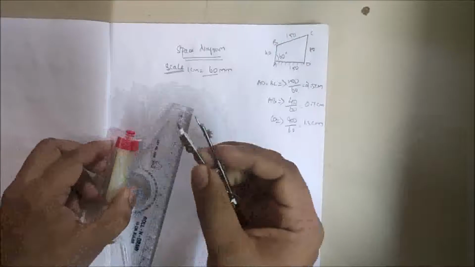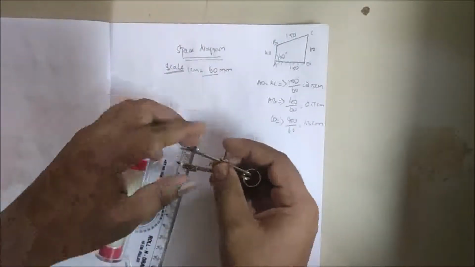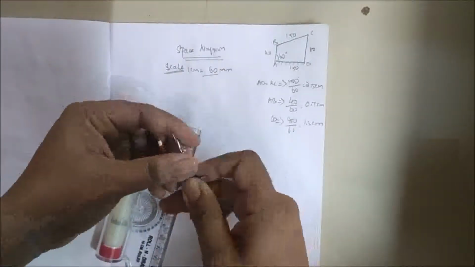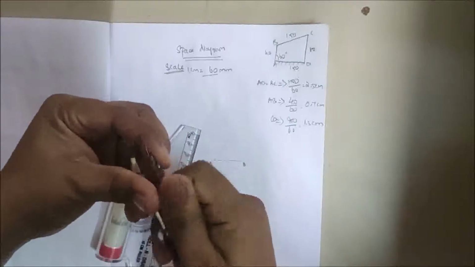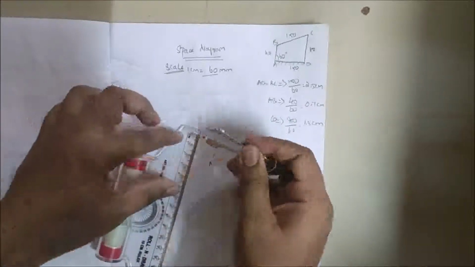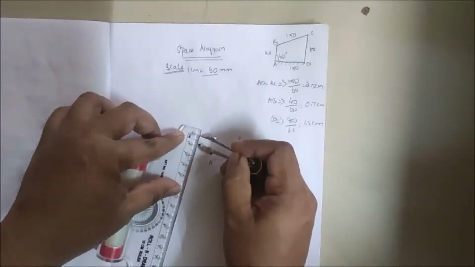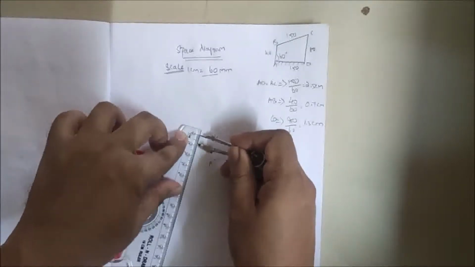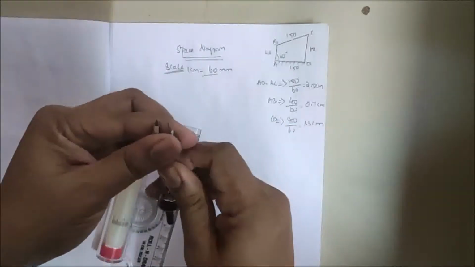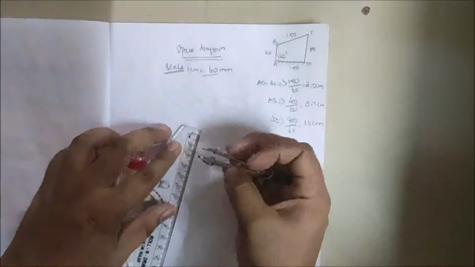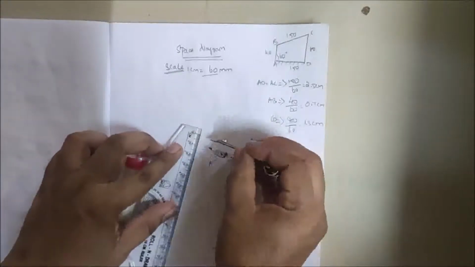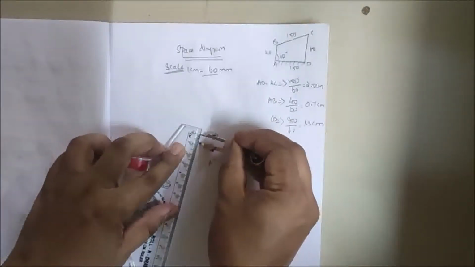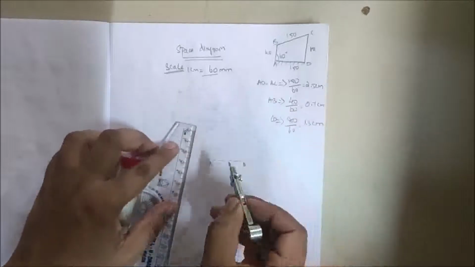So taking the compass, I am going to find out 0.7. Has 7 come? Yes, it is still a point. Okay, so now 0.7 should have come correctly.